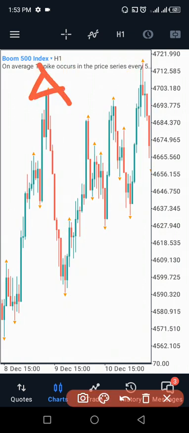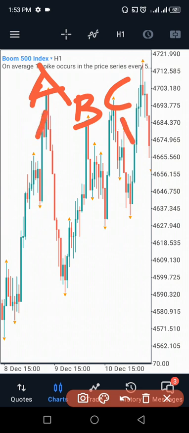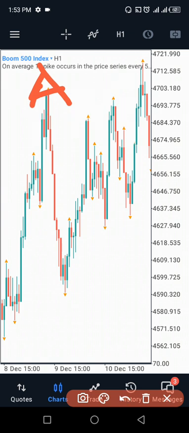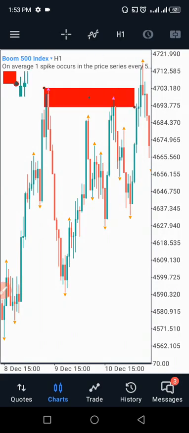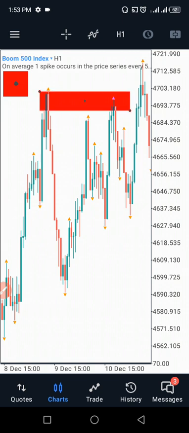You notice point A here, point B here, and point C here. You will notice that point A and point C are closer to each other. Let me draw a box there to signify that. So you notice that they are both closer to each other.